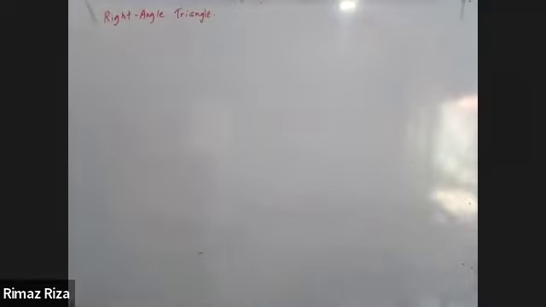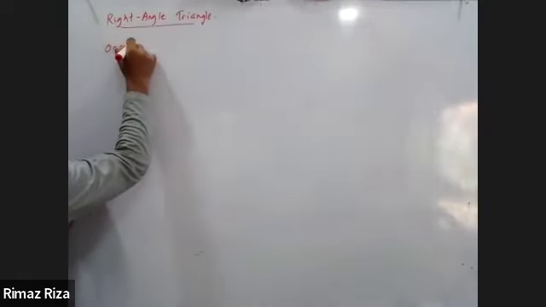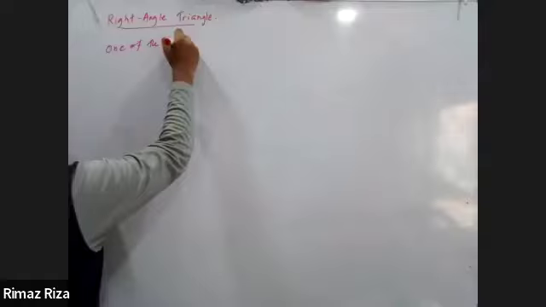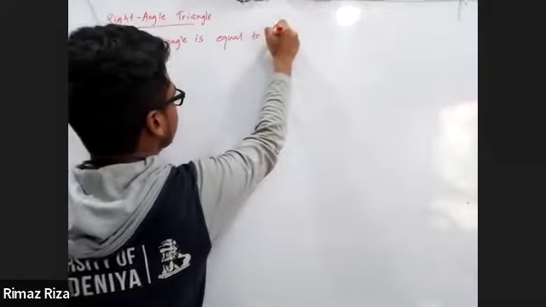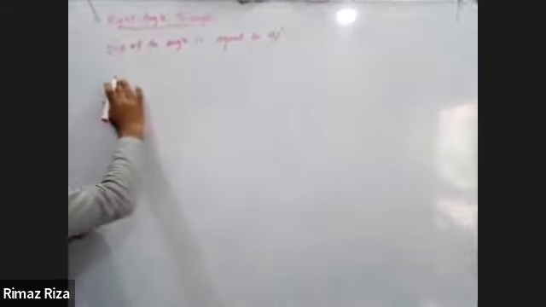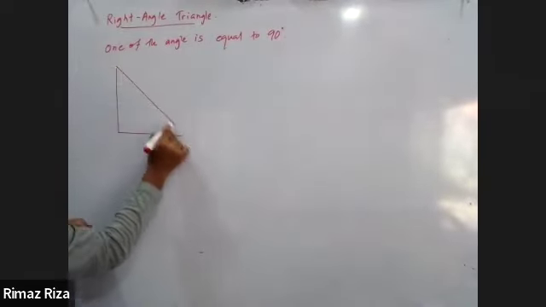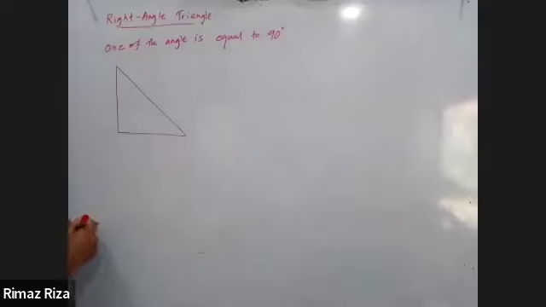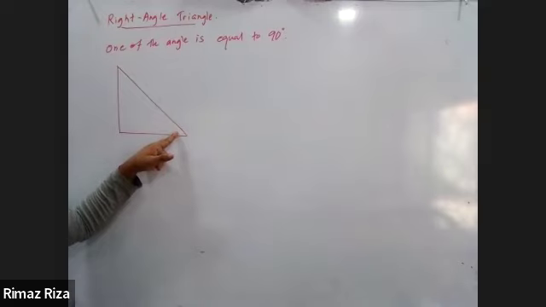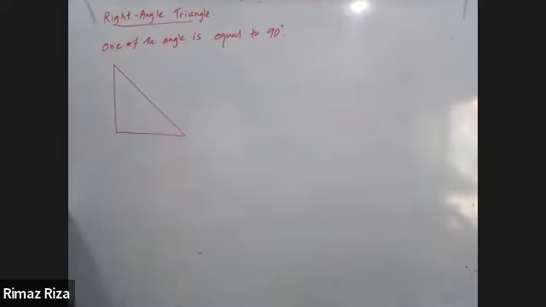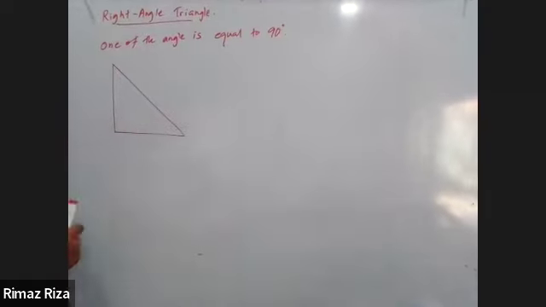So right angle triangle means one of the angles is equal to 90 degrees. Okay. So we have a triangle. If this angle is 90 degrees, this is 90 degrees.